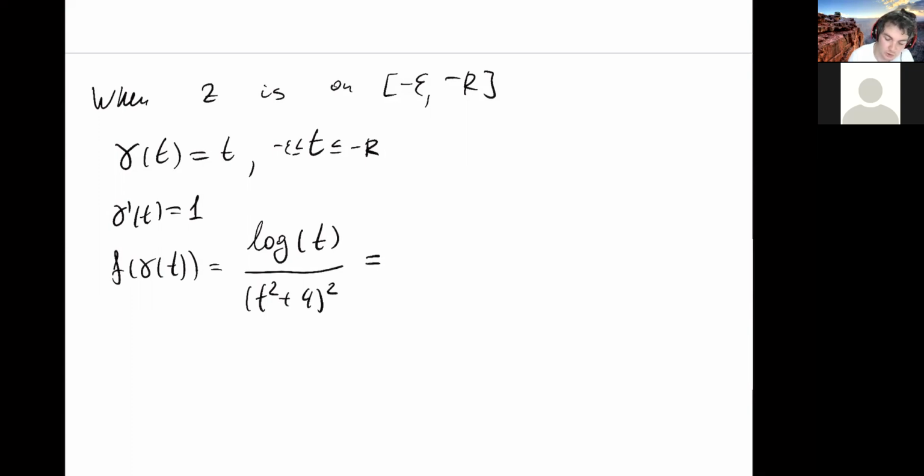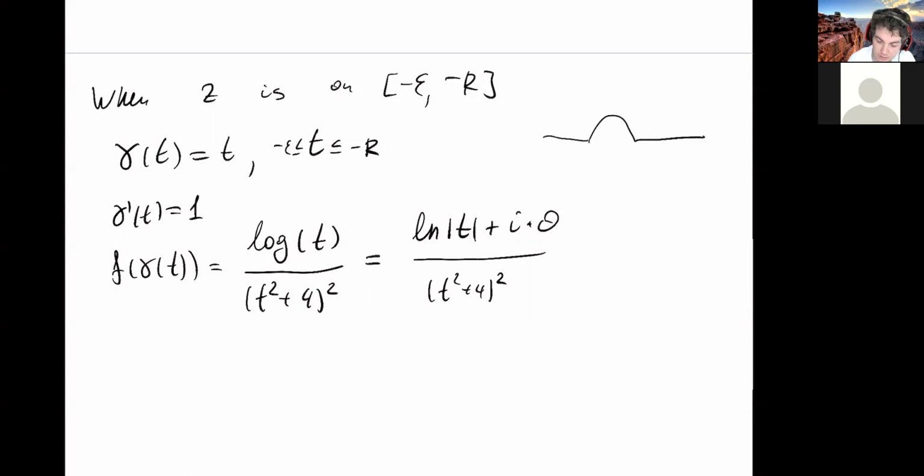And what's logarithm of t? It's the same as natural log of absolute value of t plus I times theta. Okay, I'm trying to really slow down here because here will be the conceptually important part. And what is theta? Let's recall the picture. We're talking about this line segment.